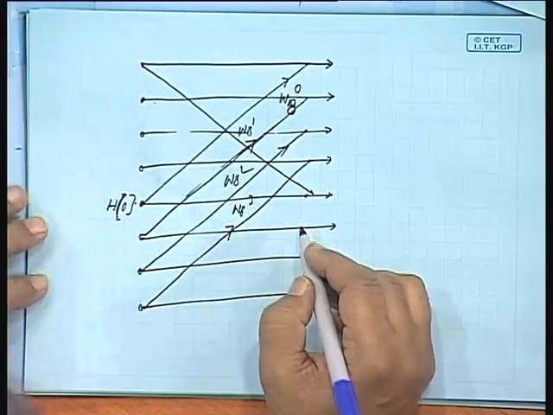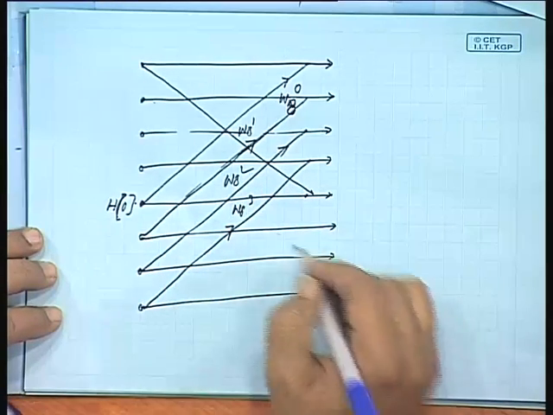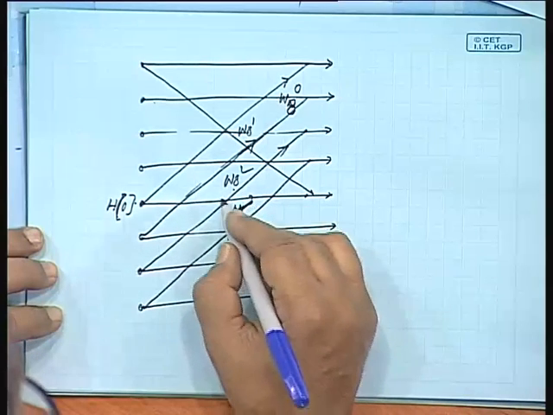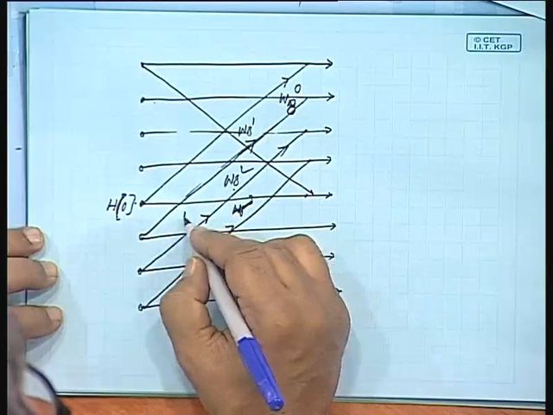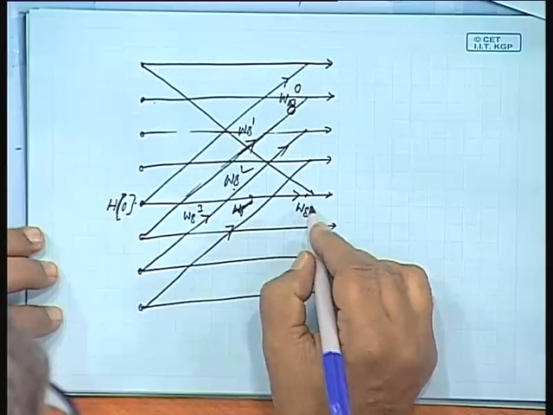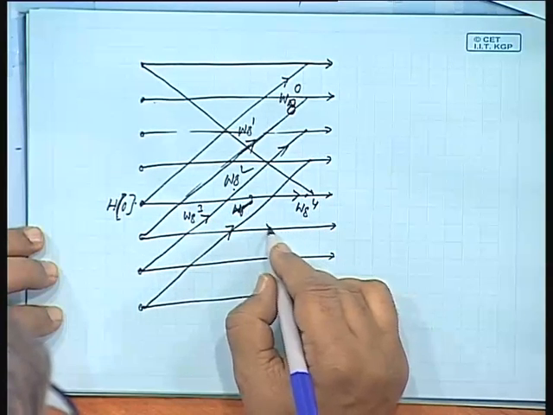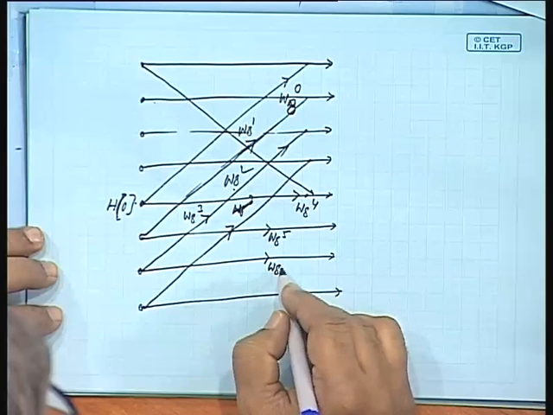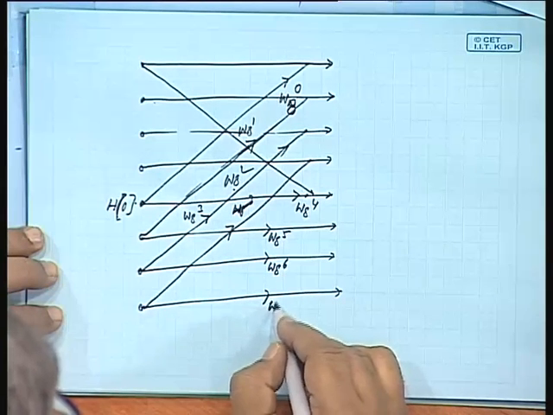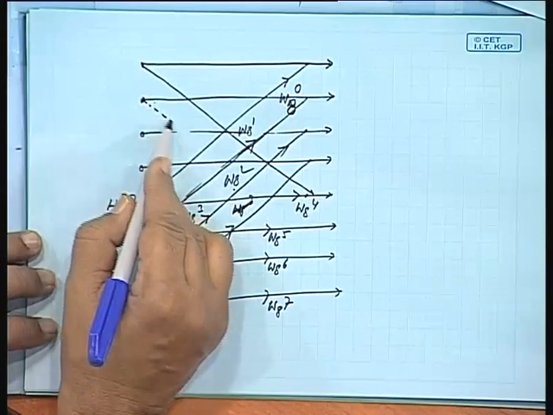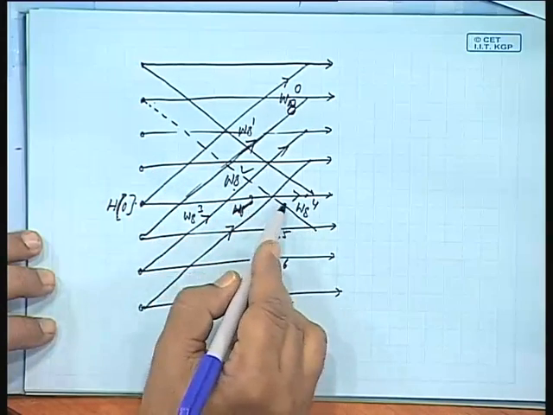So this is W_8^3, I will write here so that it is not confused. This is W_8^4, this will be W_8^5, this will be W_8^6 and this will be W_8^7. I think you can all complete this structure.